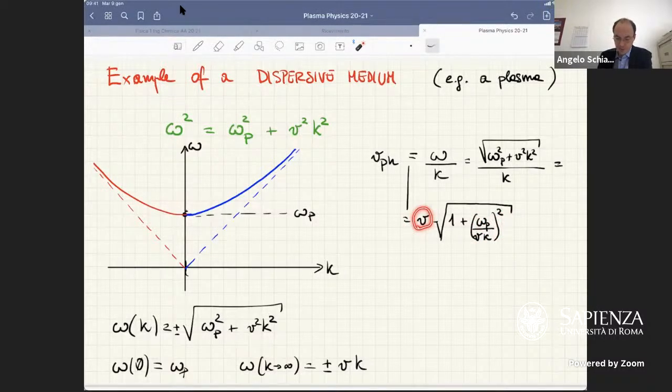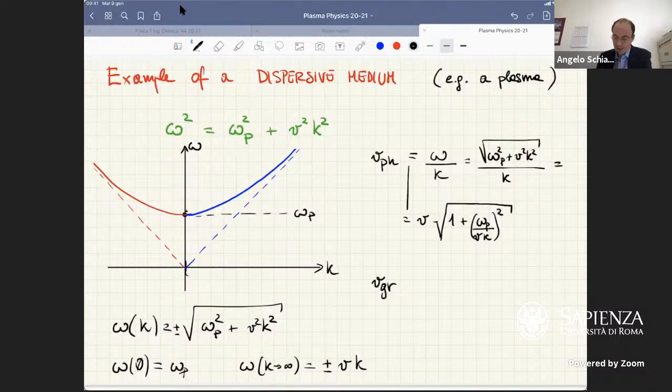On the opposite side, when we move in k from a given number towards 0, this denominator goes to 0, so the argument of the square root goes to infinity, and the phase speed goes to infinity. Let's compute the group velocity as well.